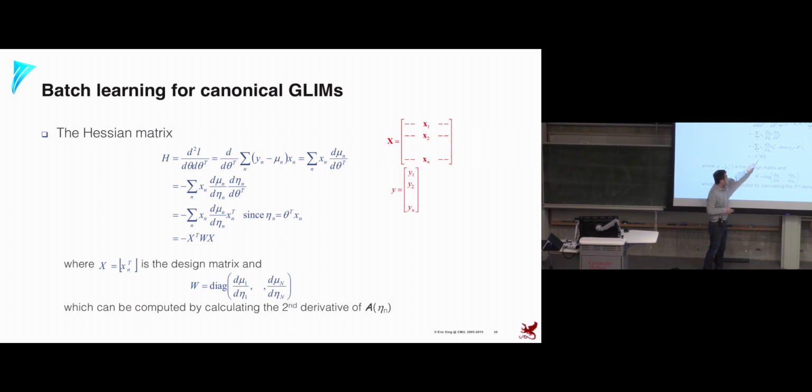This W is a matrix where you need to fill in the diagonals, the first order derivative of this thing. This requires you to know that phi function. Unfortunately, that one you have to deal with. It cannot cancel anymore, because it really comes from the second order.